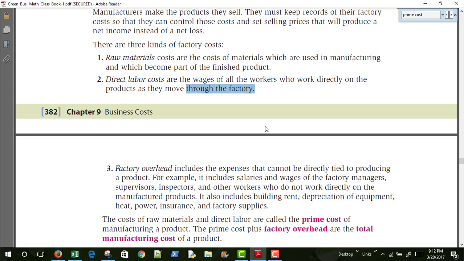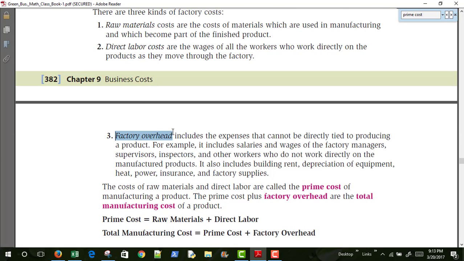And then we have something called factory overhead. This includes expenses that cannot be directly tied to producing a product. For example, it includes salaries and wages of factory managers, supervisors, inspectors, other workers who do not work directly on the manufactured products. These are the things that you have.